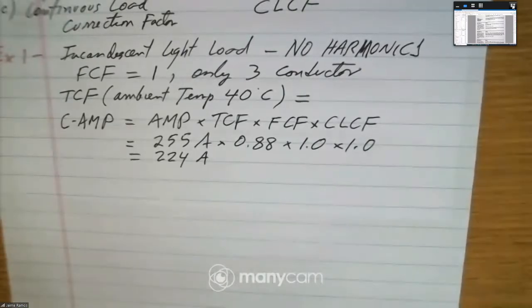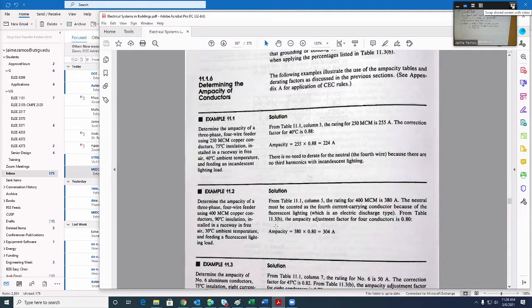Now, example 2. The ampacity is 380 amps because the conductor is thicker, 400 kcm. The neutral will be considered as a 4th current carrying conductor because of fluorescent lighting. Okay, so for example 2, what do we have?